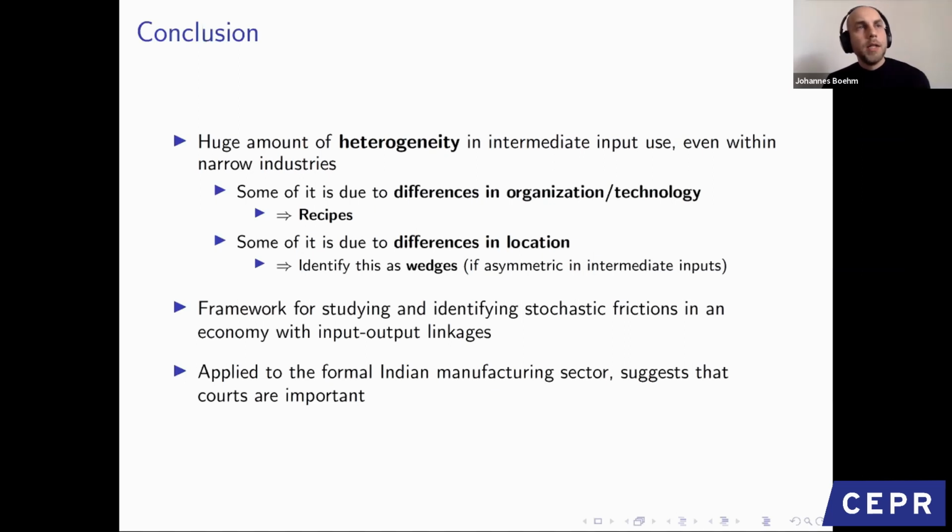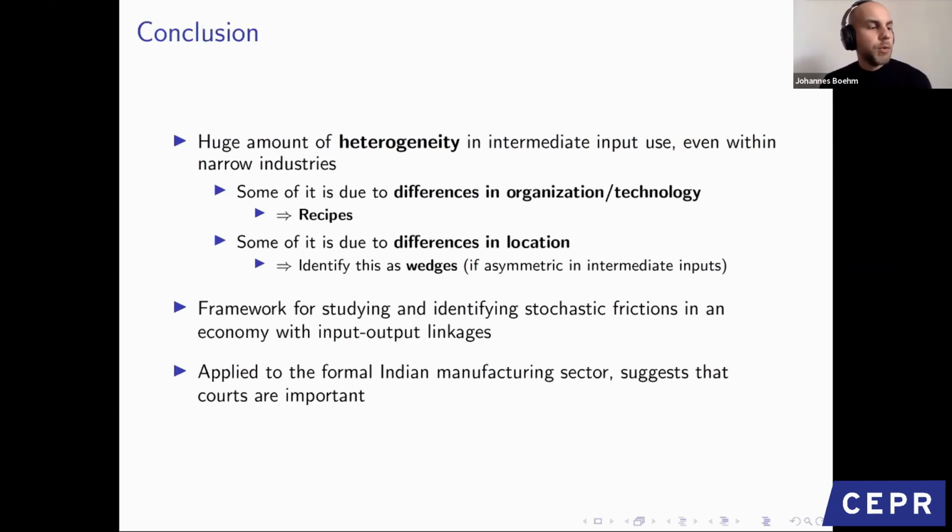So we looked a little bit into that, and we did find evidence that entry is to some extent affected by that. In the appendix of the paper, we have an extension where we model entry and so on. Overall, it would make the impact of these distortions larger. So in the spirit of being conservative with these numbers, we're giving a lower bound.